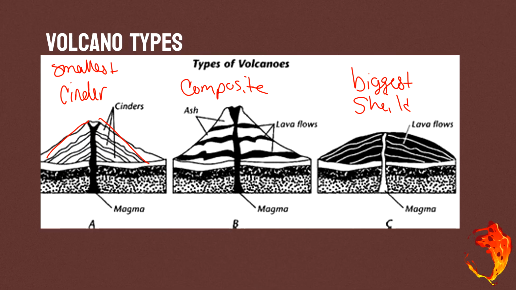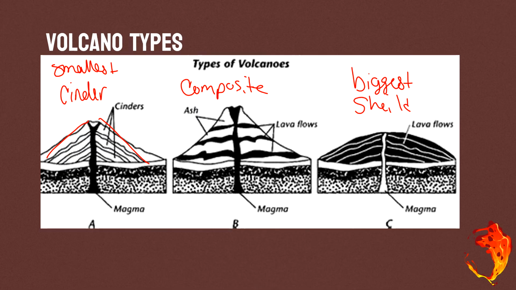Steep but even sides. This is the one that's shown on the left. And then composite volcanoes are the ones that have very steep, concave sides. Both the cinder and the composite volcanoes have the most explosive eruptions when they do erupt.